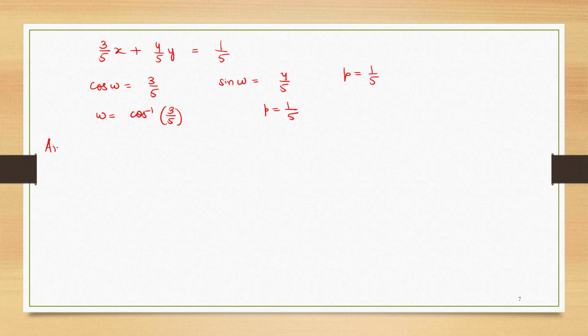Another way to do this is to use the direct formula. We have 3x plus 4y is equal to 1, or 3x plus 4y minus 1 equal to 0. So a is 3, b is 4, and c is minus 1.